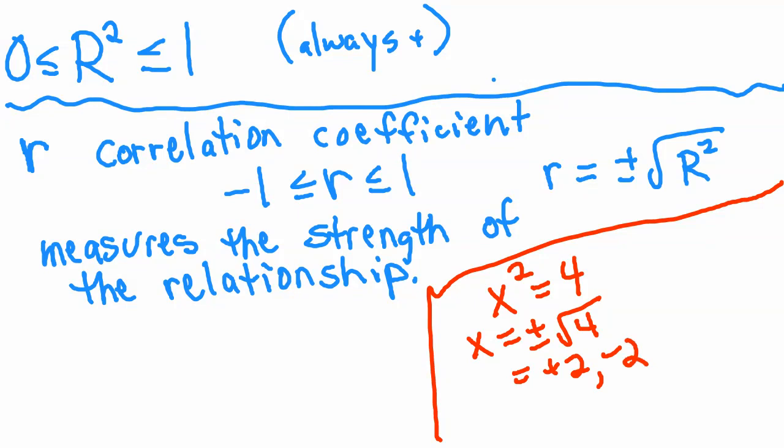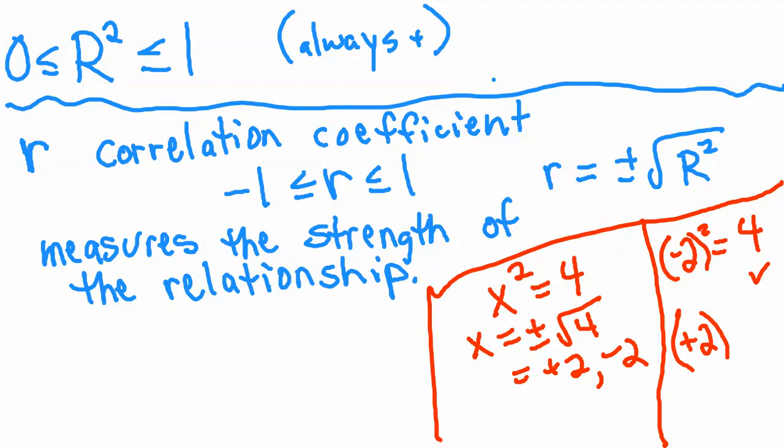Now why is that? When you take a square root, you don't just get a positive answer. If you plug those numbers back in and square them, you would get 4. A negative squared is positive. So when you plug in -2 and square it, that's 4. And when you plug in +2 and square it, you get 4. So you always get two answers when you're taking the square root.